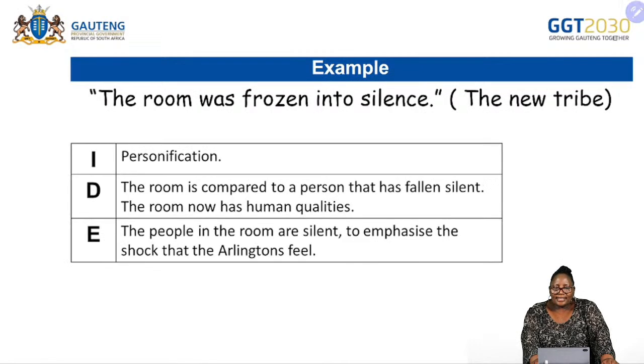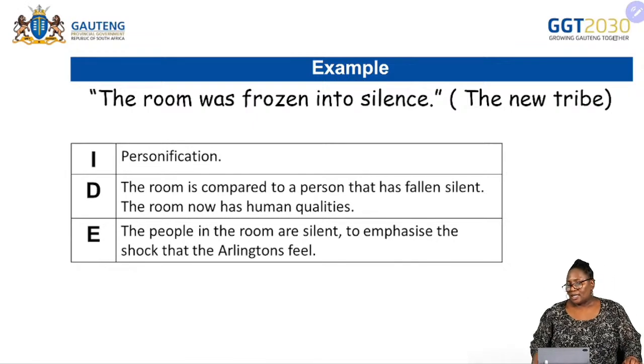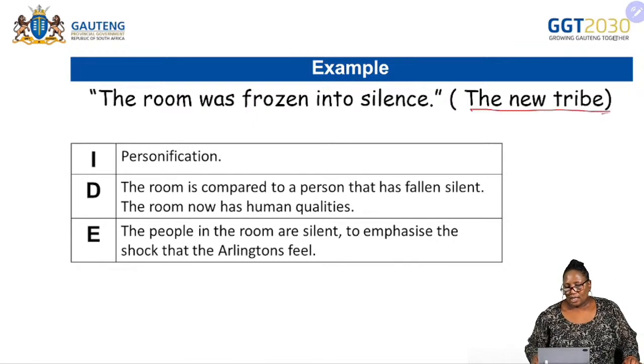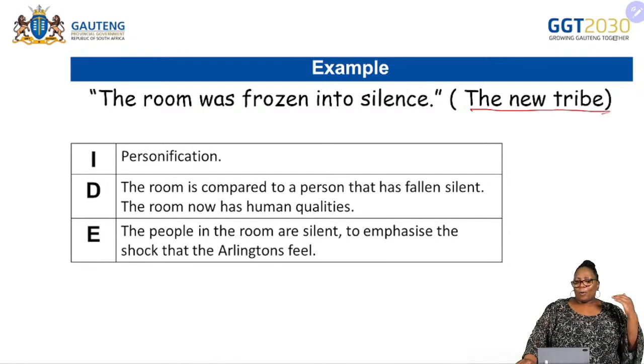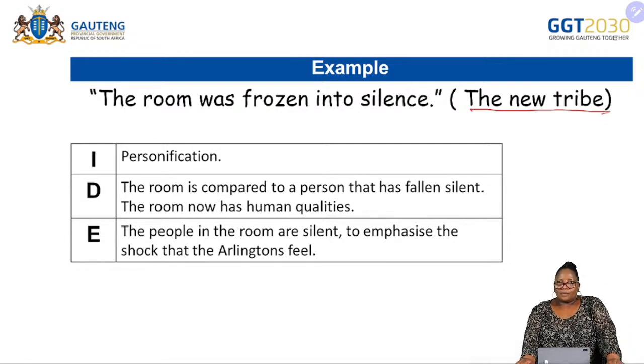Let's look at the last one in the comparison category, taken from the short story, The New Tribe. "The room was frozen into silence." I'm sure you remember what was happening in The New Tribe.